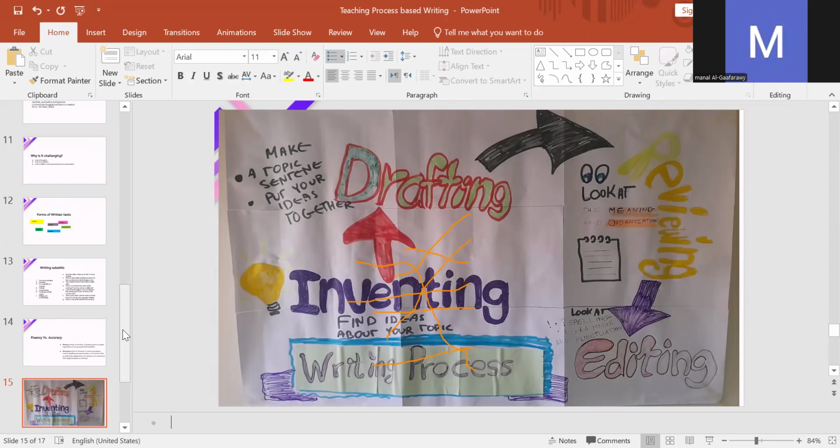So here the focus is on fluency. I want to encourage and induce the flow of ideas and to help them express those ideas in sentences, regardless of any mistakes. But when it comes to drafting, here I encourage students to focus on accuracy. Try to be accurate as much as you can.